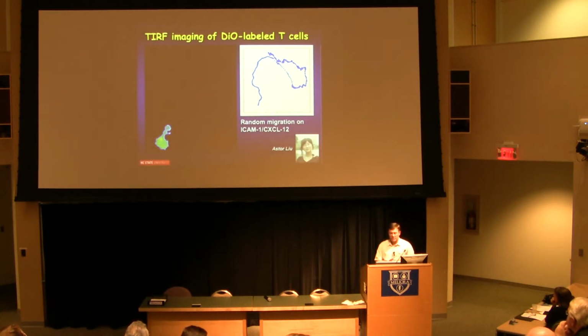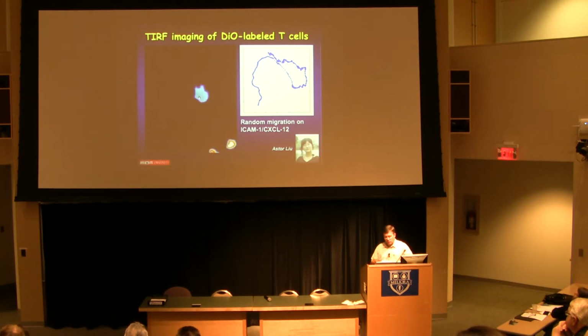What we're doing is, here we're not looking at cell signaling because we're not able to express our favorite probes in these cells, at least not yet. So we're labeling the plasma membrane of the cells with a lipophilic dye, and fortunately we're able to see the contact area very well under TIRF, at least in a lot of the cells, and we can observe the changes in cell shape as the cells move.